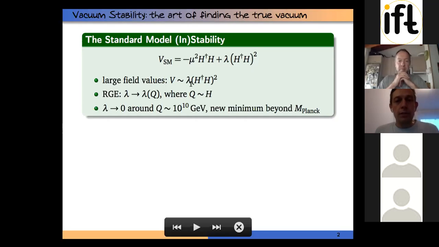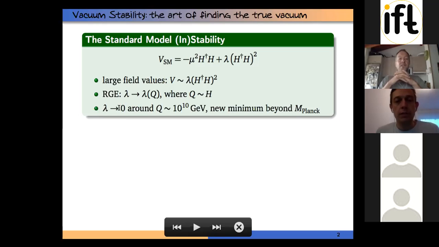For large field values, you can more or less forget about the first term that is responsible for the electroweak symmetry breaking, and you are left only with this quartic term and the self-coupling lambda.